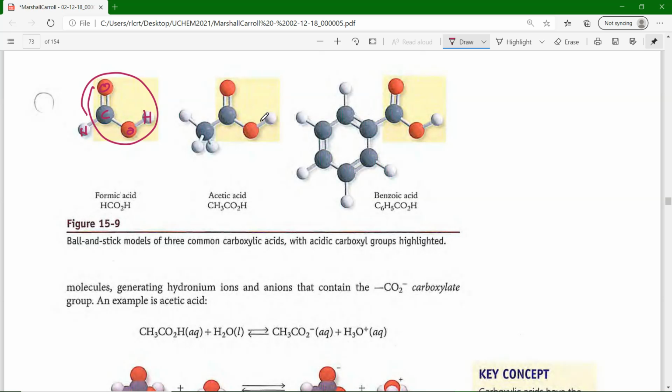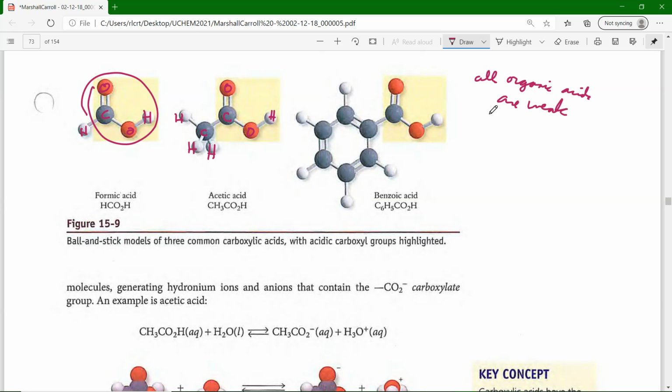Here's acetic acid, which we use a lot. So there's my hydrogen, oxygen, carbon, 3 hydrogens. I bet some of you can use molecular modeling programs and make a nice ball and stick model of acetic acid. So in this organic acid, and I should say off to the sides here, all organic acids are weak acids.